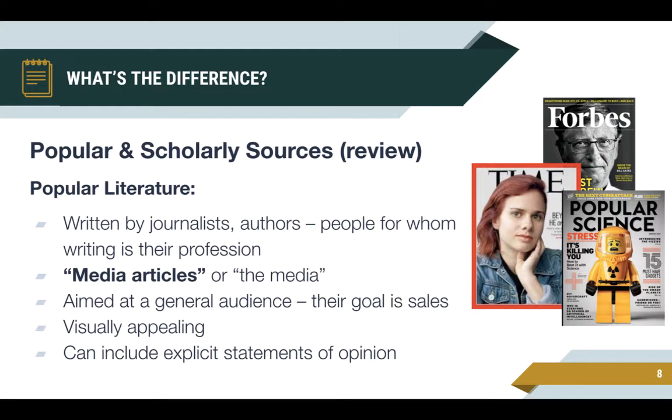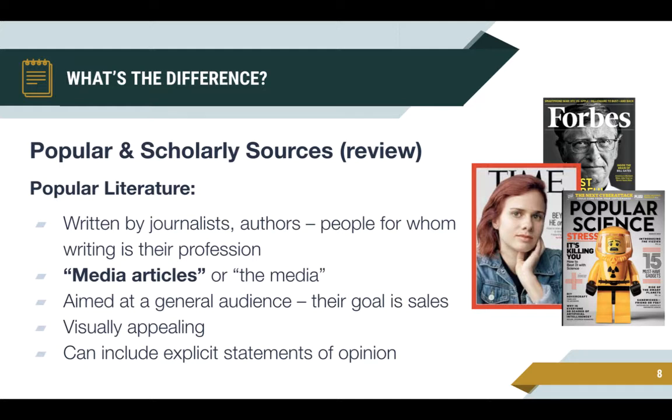An either-or situation. Popular literature is defined as being written by journalists, authors, people whose writing is their profession and their primary sole income rather than scholars or other experts in their own right.